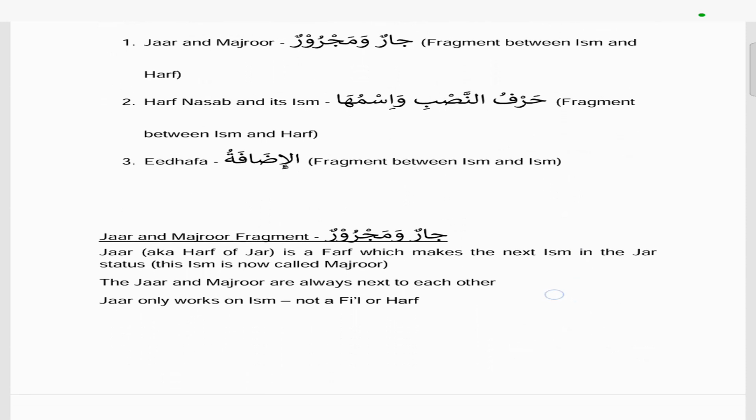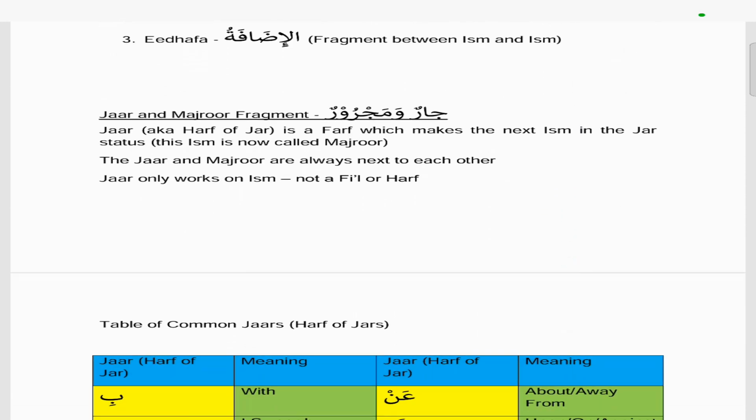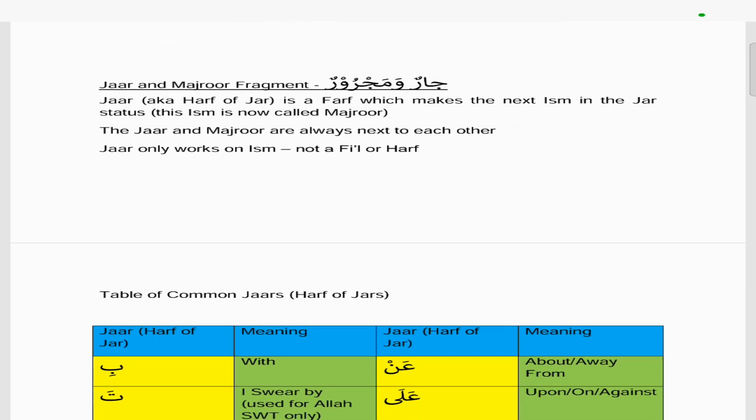So if we start with the first one, which is called the jar and majroor fragment, the jar is also known as the harf of jar. So you can say harf of jar or you can say jar. It is a harf which makes the next ism in the jar status.